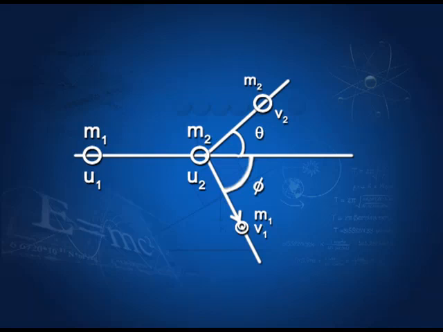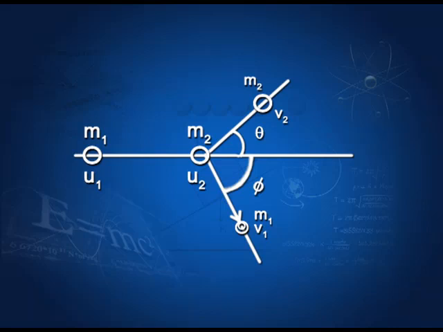Say one goes like this and the other, let us take a different angle, goes in this direction. This is say the track of m2, it moves with the speed of v2 making an angle of theta, and this is the track of m1 moving with the speed of v1 making an angle phi.